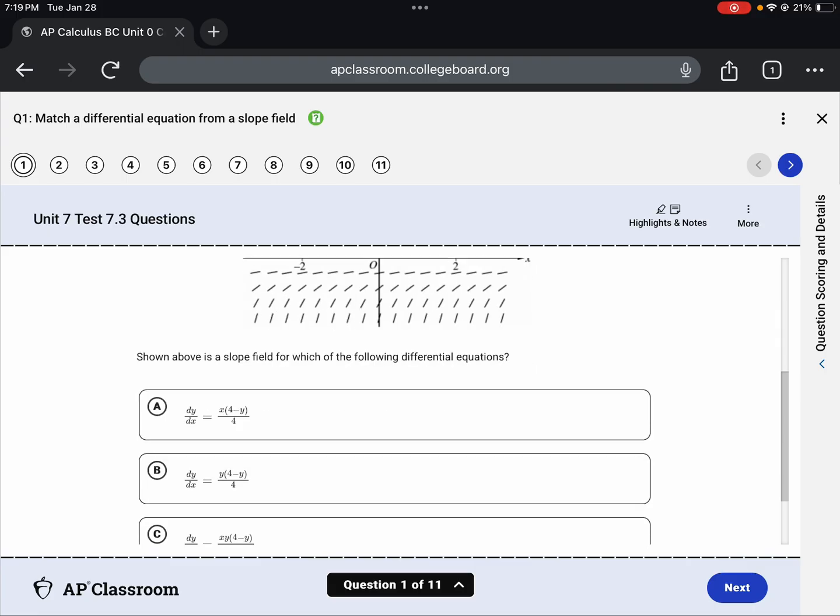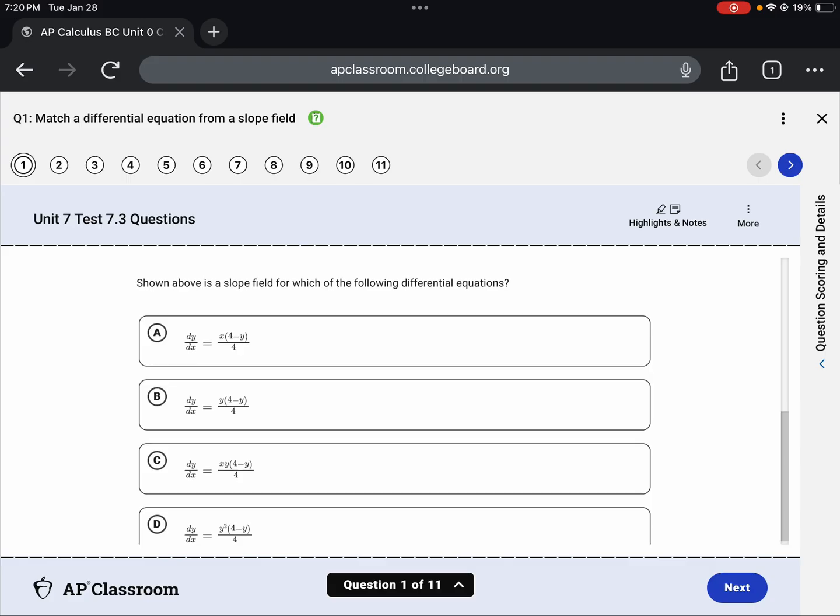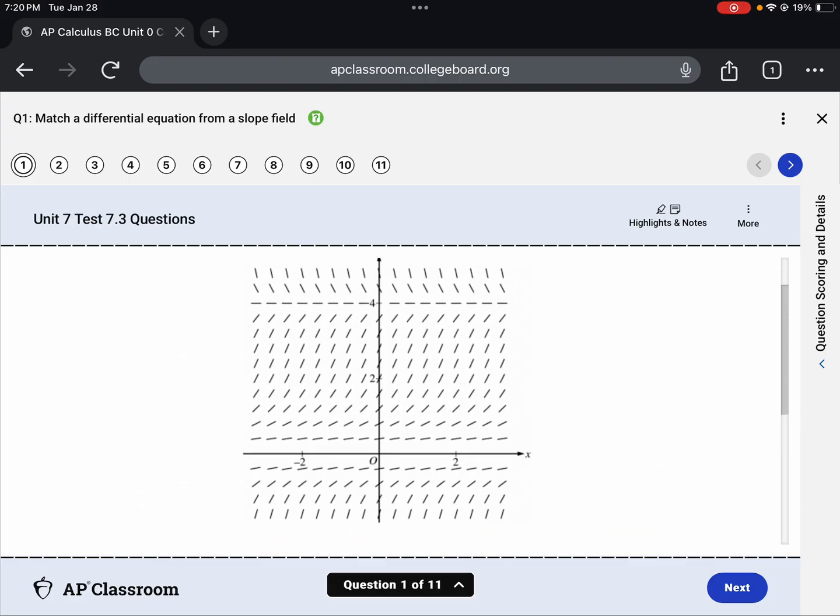So this makes me think that C is not going to be an answer, because if you look here, notice that for all the y values, so at y equals 2, y equals 2.5, y equals 3, you can see that horizontally the tangent lines are always the same.